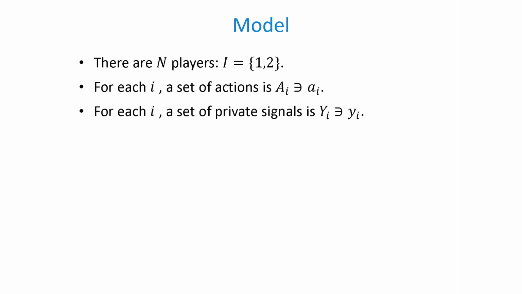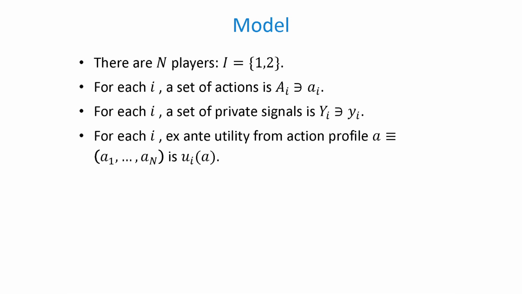And the set of private signals that player i can observe is a capital Y_i, and the general element is small y_i. For each player i, we can fix an ex ante utility function coming from some action profile a. So this is the utility that player i gets if players play action profile a.